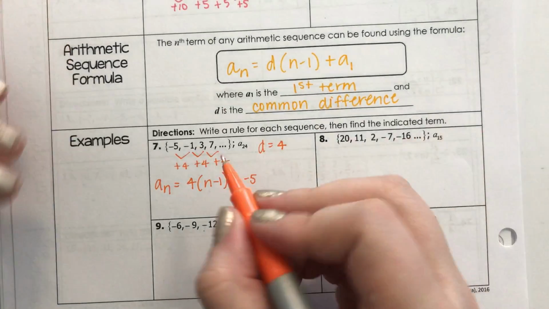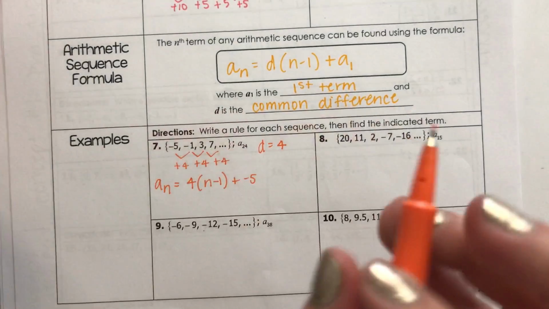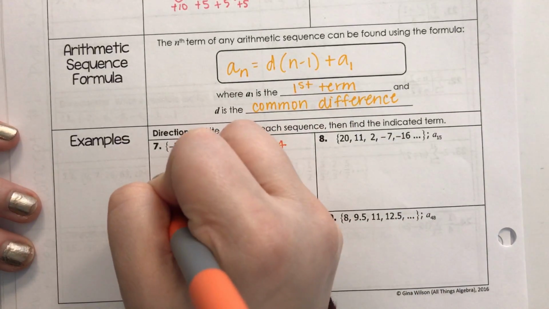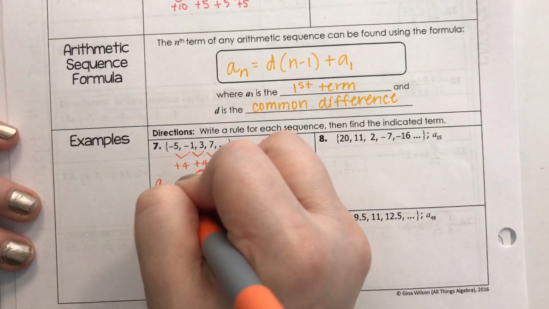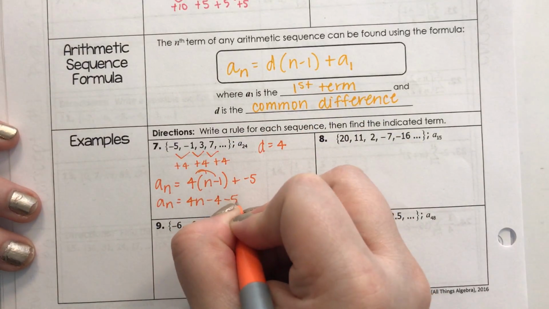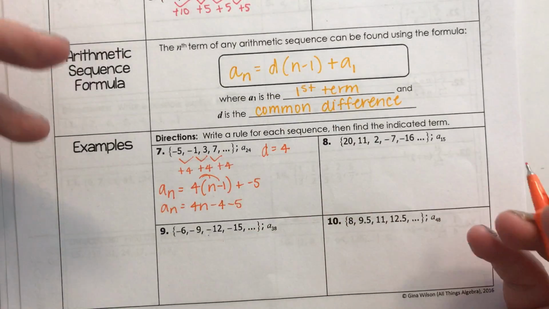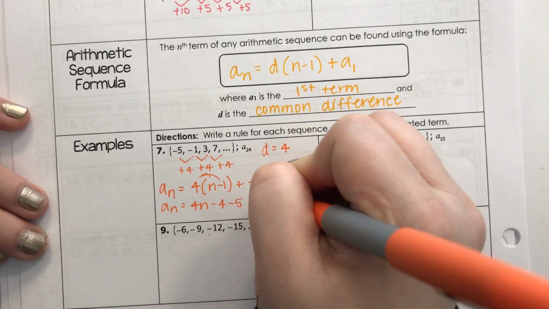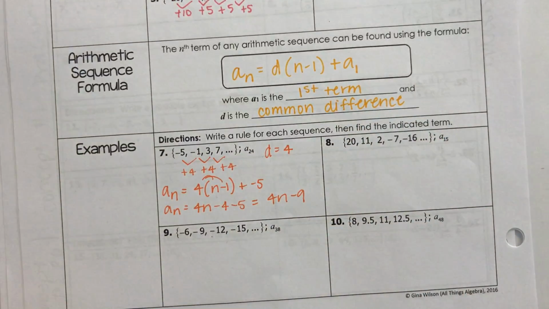Now we just distribute and get just this regular old formula. So a sub n equals 4n minus 4 minus 5, because plus minus means it's minus. So really our formula is 4n minus 9.